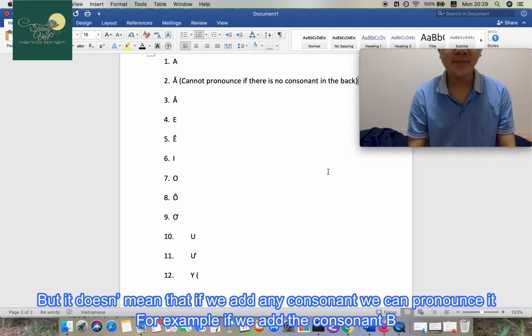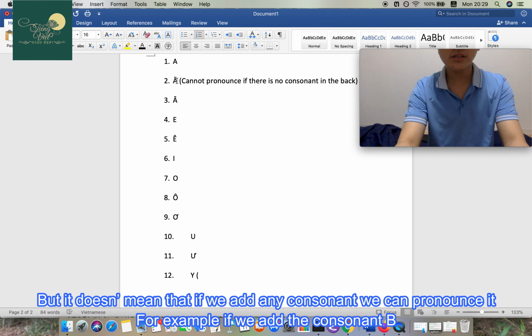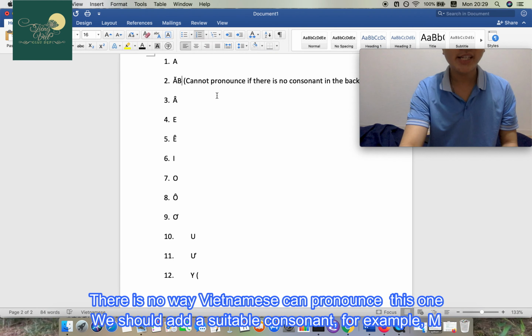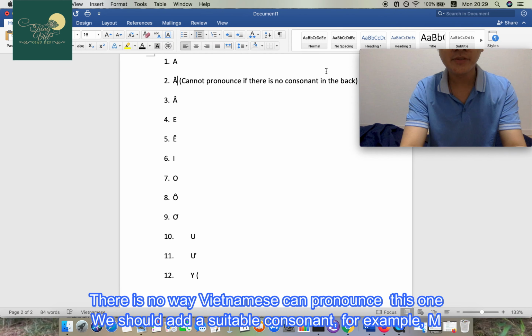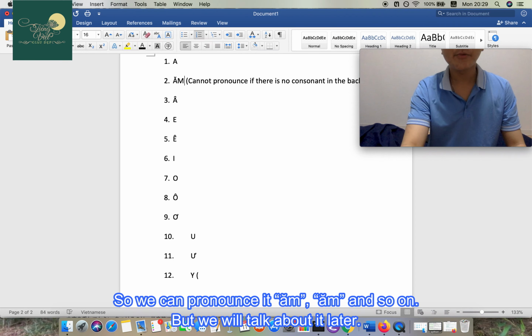But it doesn't mean that if we add any consonant, we can pronounce it. For example, if we add the consonant B, there is no way Vietnamese can pronounce this one. We should add a suitable consonant, for example, M, so we can pronounce it, and so on. But we will talk about it later.